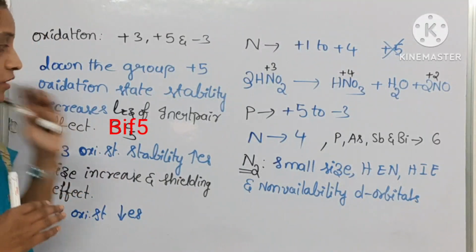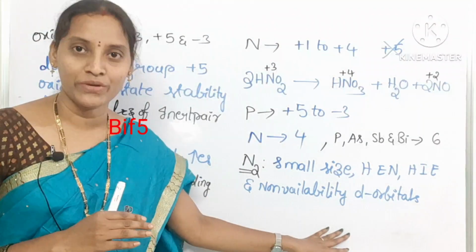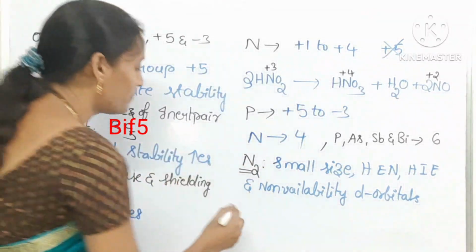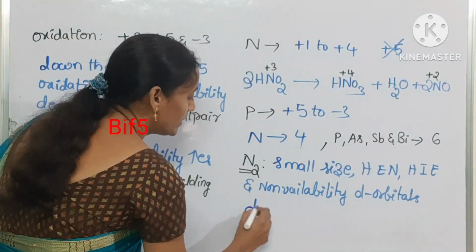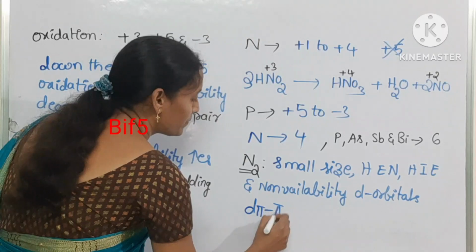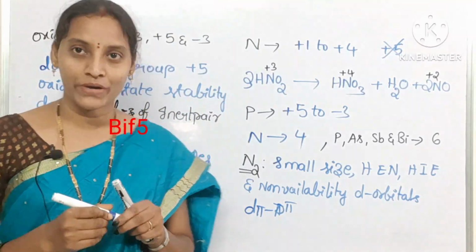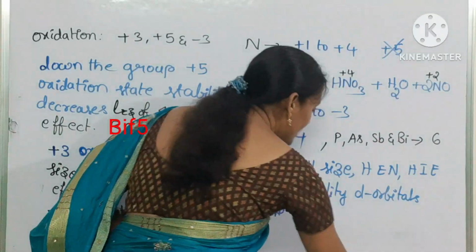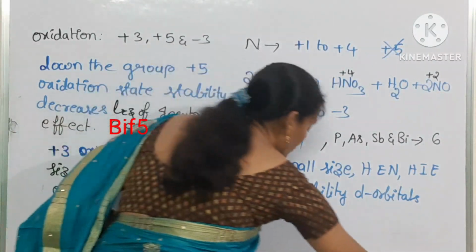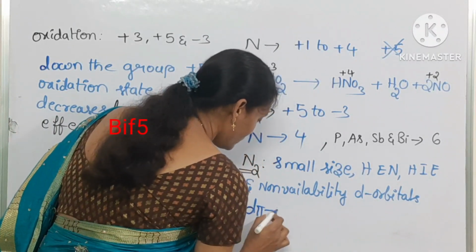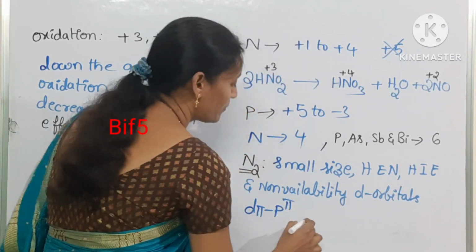Because of non-availability of d orbitals, nitrogen can't form dπ-pπ bonds, but it can show pπ-pπ bonds.